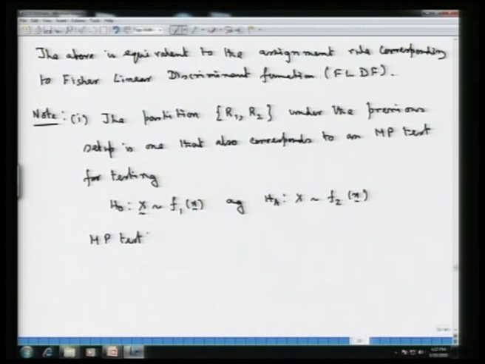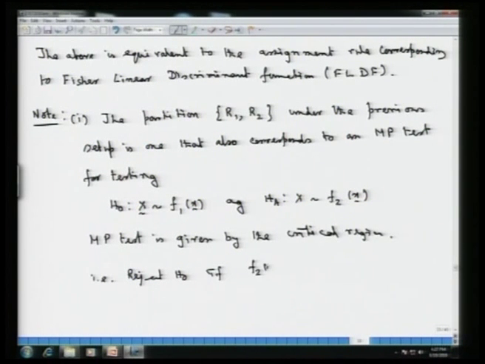So, the most powerful test is given by the critical region, that is, reject H naught if we have f2(x) by f1(x) greater than or equal to k, and we accept it otherwise.